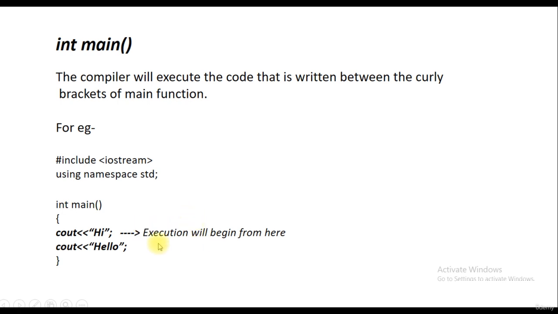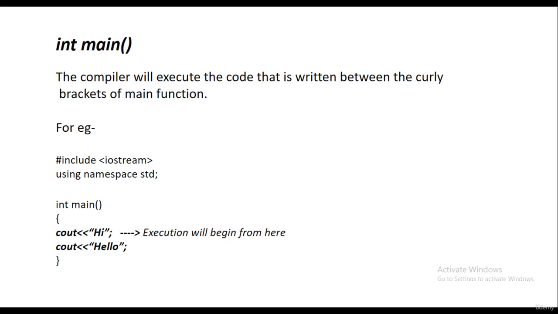Now moving on to the next line. See here, as I was telling you, the execution of your program will begin from here. For example, when we run this program in the compiler, it will print hi and then it will print hello. So the execution will start from the first line of the main function.